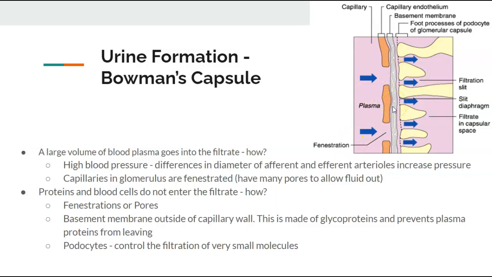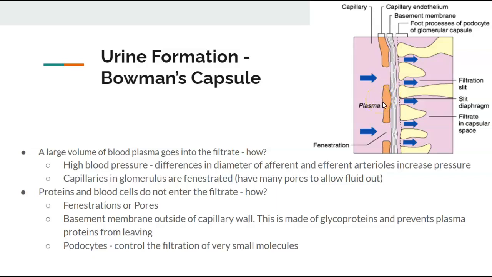The proteins and cells don't enter the filtrate because they are too big to fit into these fenestrations or pores. And the basement membrane, which is this white and blue thingy right here, is like an extra wall of protection that prevents all of these things from leaving.